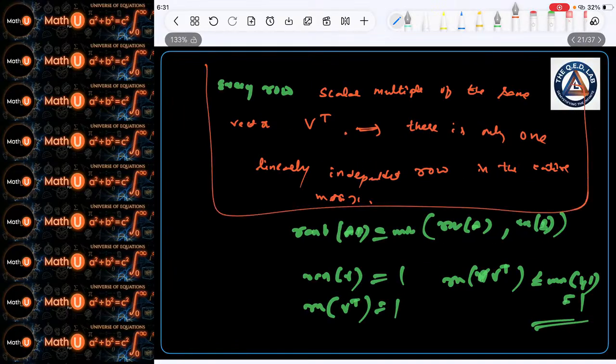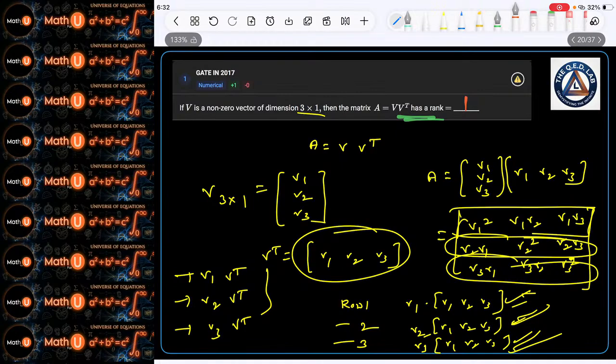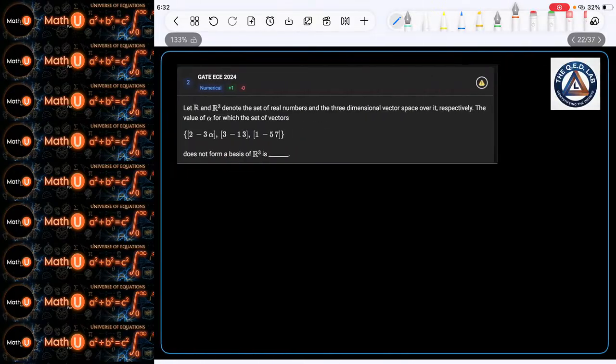There is only one linearly independent row, that is the row rank. That directly gives the rank of this V V transpose equal to 1. You should remember this one.